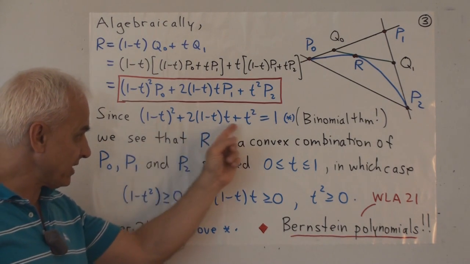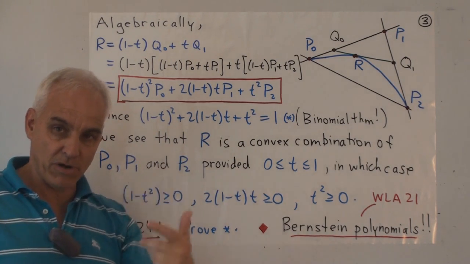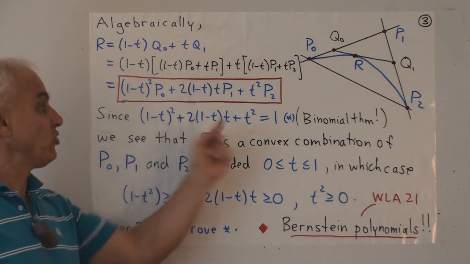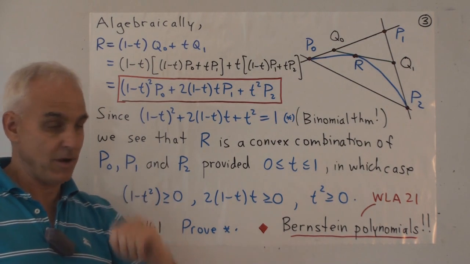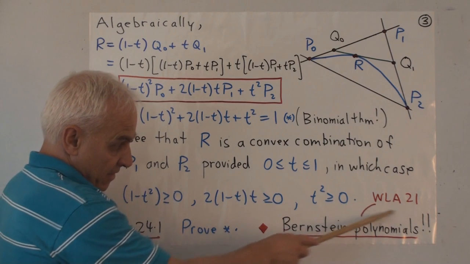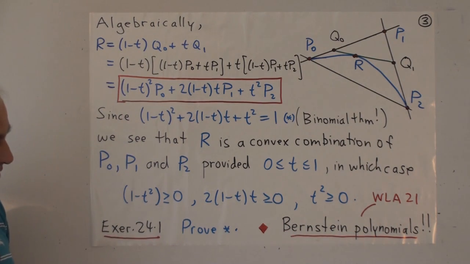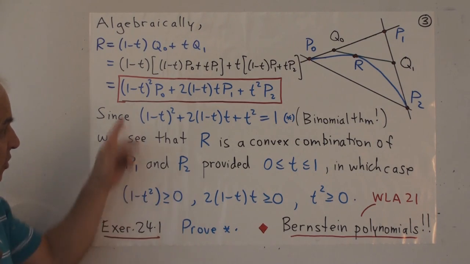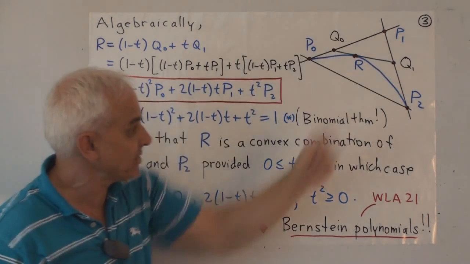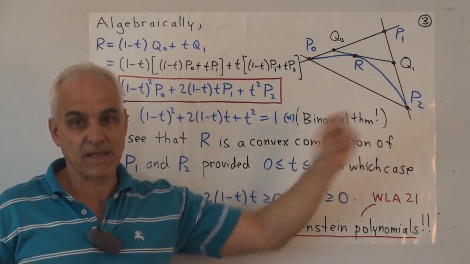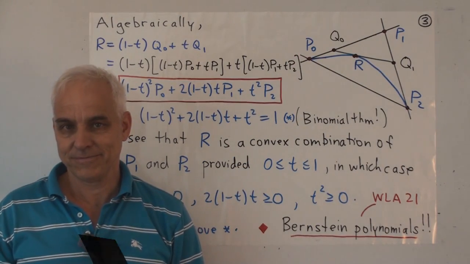And these 3 are exactly the 3 Bernstein polynomials of degree 2. All right, so please have a look, refresh yourself from that video on the Bernstein polynomials. They are appearing very naturally here as the coefficients of the 3 points creating the Bezier quadratic curve.